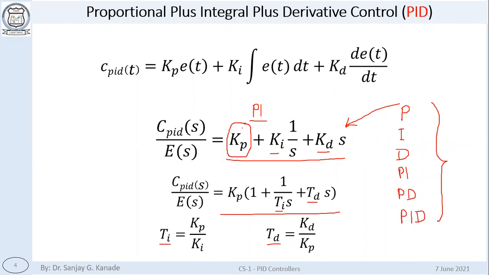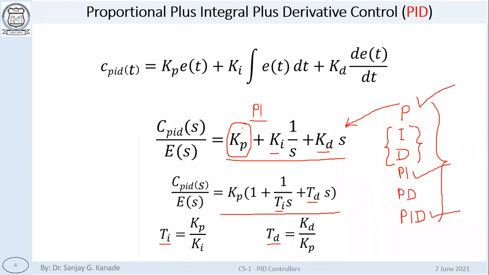Generally, it doesn't find any application. Even I and D individually are not used very often. They are not very common. The most common ones are P, because it is the simplest one, then PI and PID. These three are the most commonly used controller configurations.